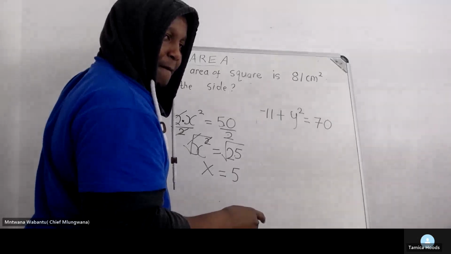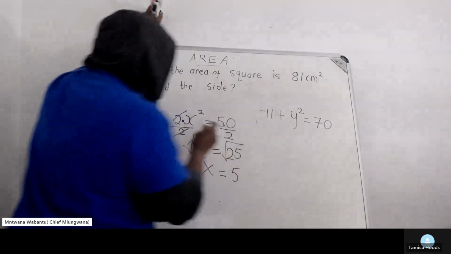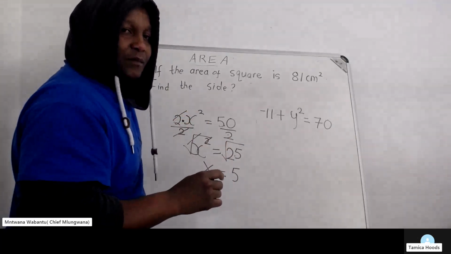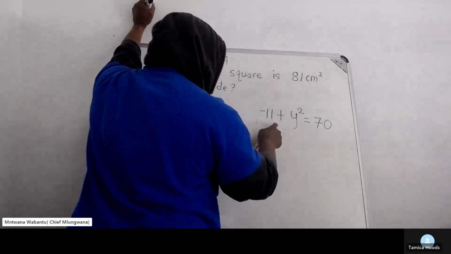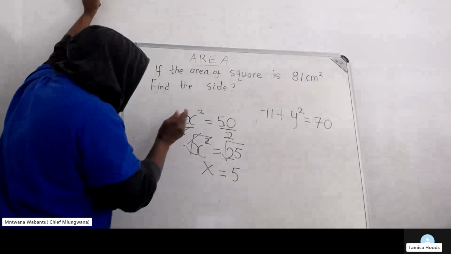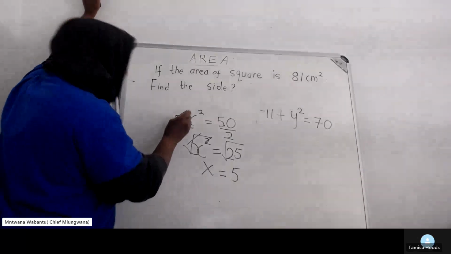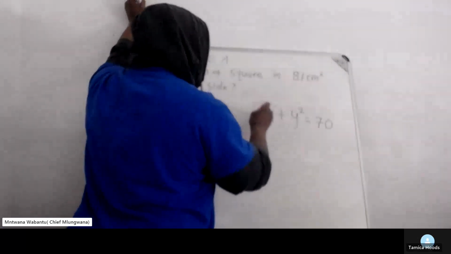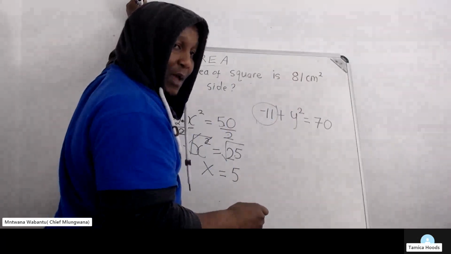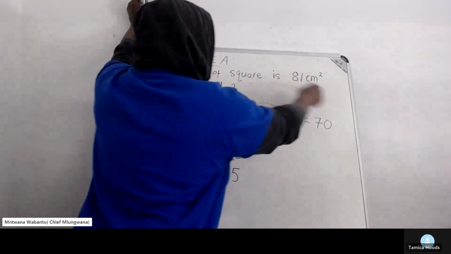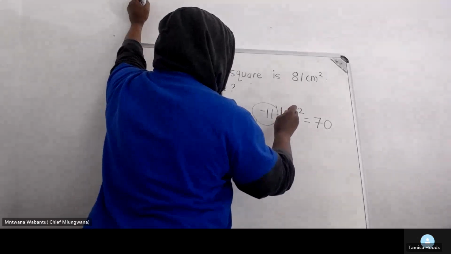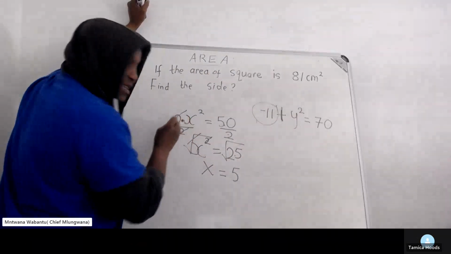No. Because you only divide where there's multiplication. If there's a plus or minus, then you don't divide. So I'm going to take the negative 11 over. It's going to go over because if there's a plus or minus, you don't divide, only if there's a multiplication between, like in this case.